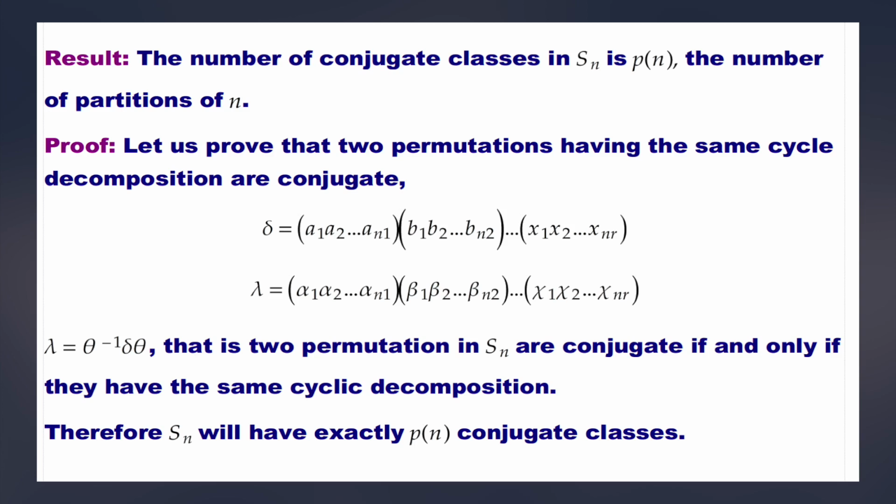Lambda is equal to theta inverse delta theta. That is, two permutations in Sn are conjugate if and only if they have the same cyclic decomposition. Therefore, Sn will have exactly p(n) conjugacy classes.